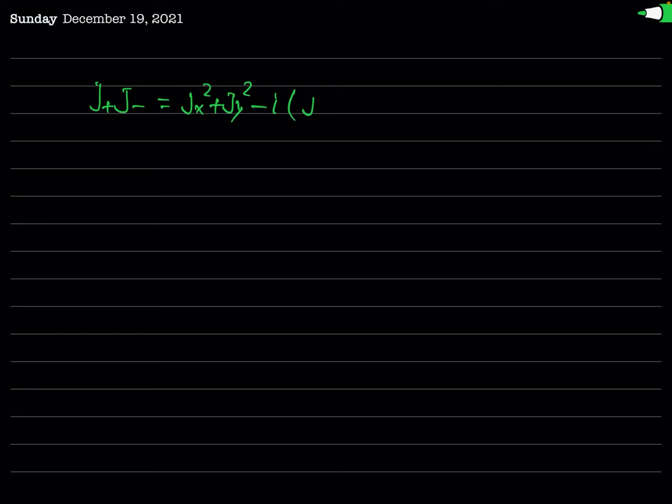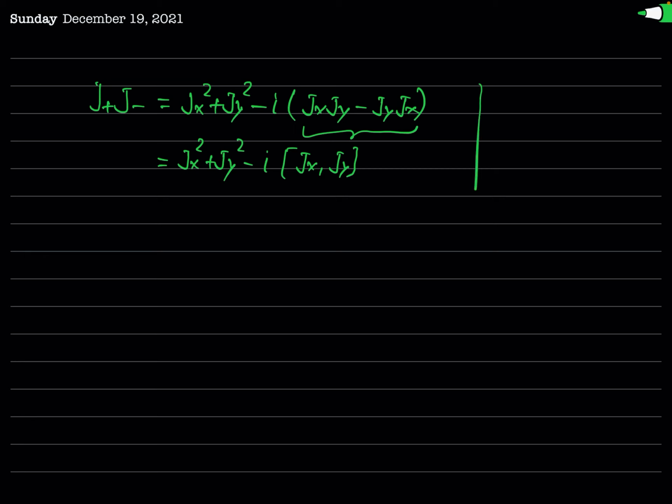So minus i times jx jy minus jy jx. And you can see this is simply the commutator of jx and jy. So we will write here jx square plus jy square minus i commutator of jx and jy.